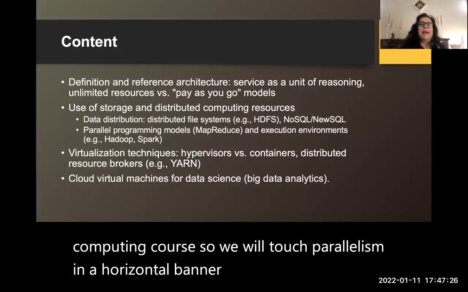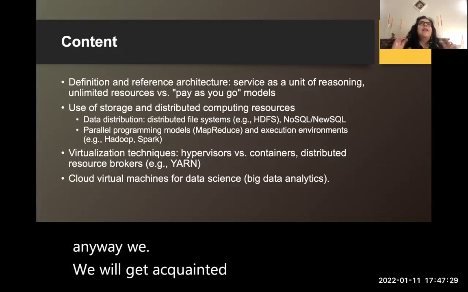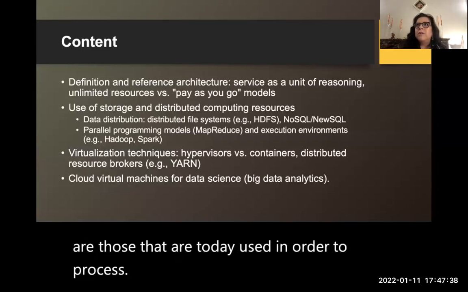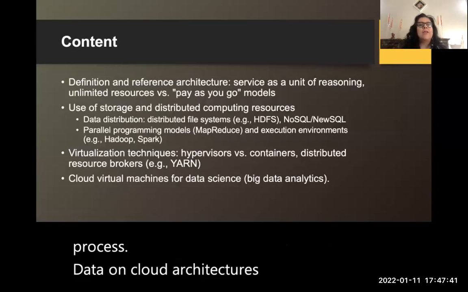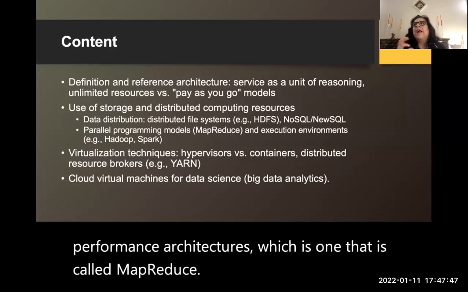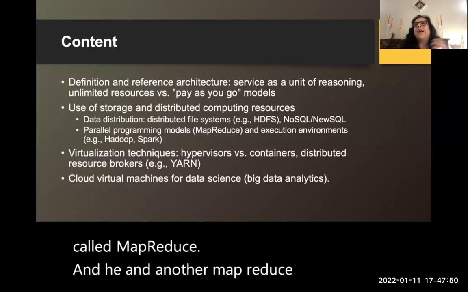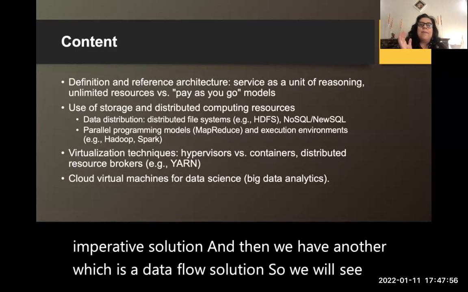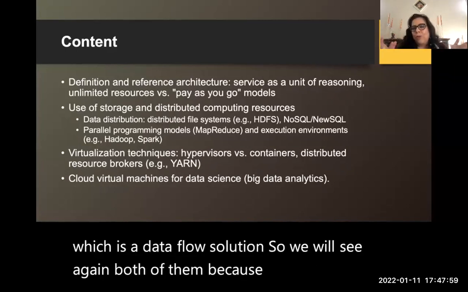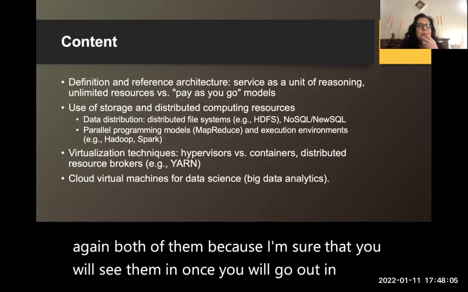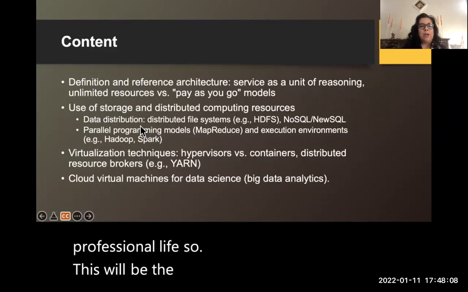But anyway, we will get acquainted with two strategies that are used today in order to process data on cloud architectures, on high performance architectures. One is called MapReduce, an imperative solution, and then we have another which is a data flow solution. We will see both of them because I'm sure that you will see them once you go out into professional life. This will be the third part of the laboratory.